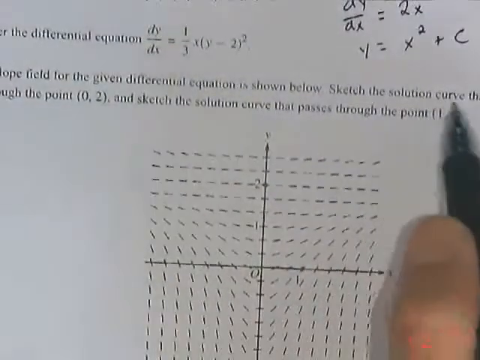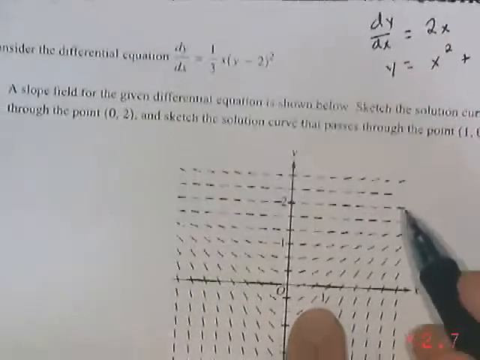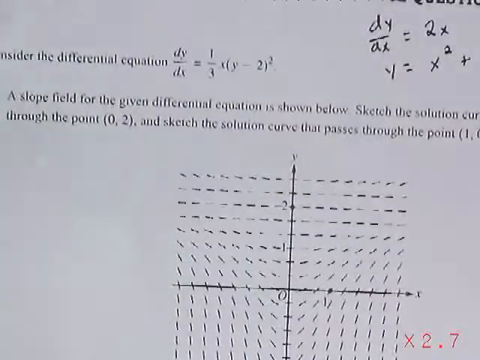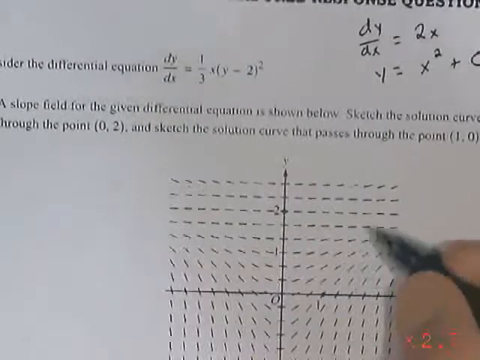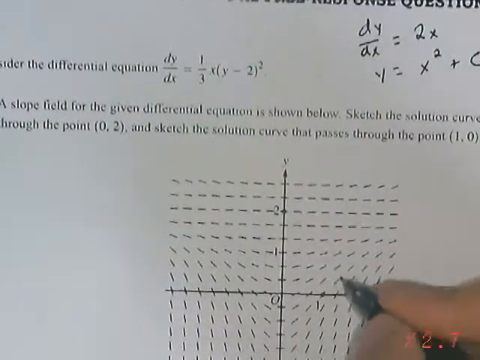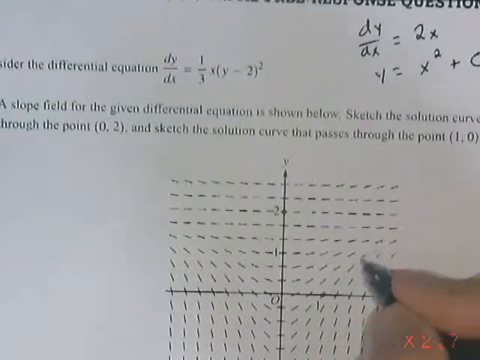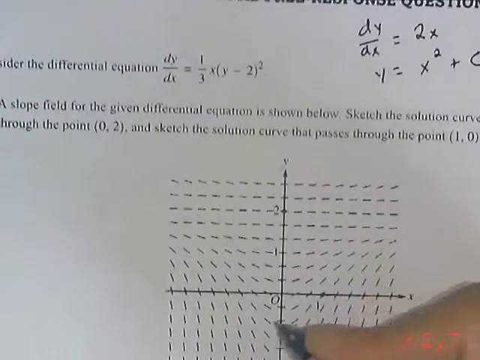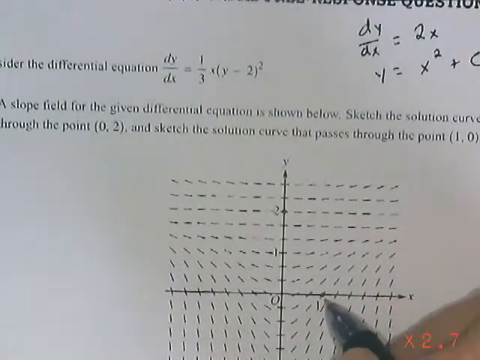We're going to sketch the solution that passes through (1, 0), which they've actually labeled for us. And all we do is we start from that point and we just follow the curves. Okay? Each of these little dashes represents the slope of our curve at that point. So this is the slope of the curve at (1, 0).